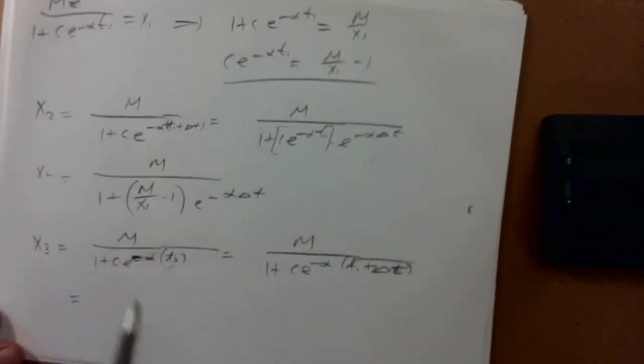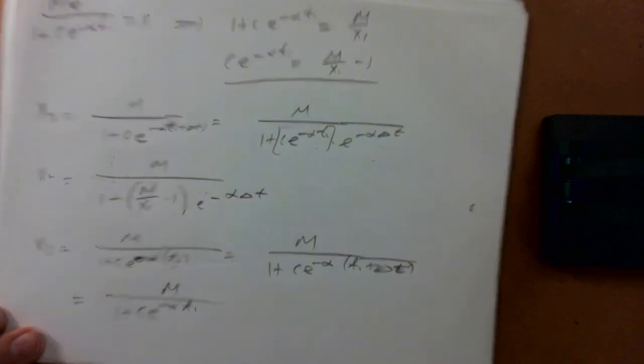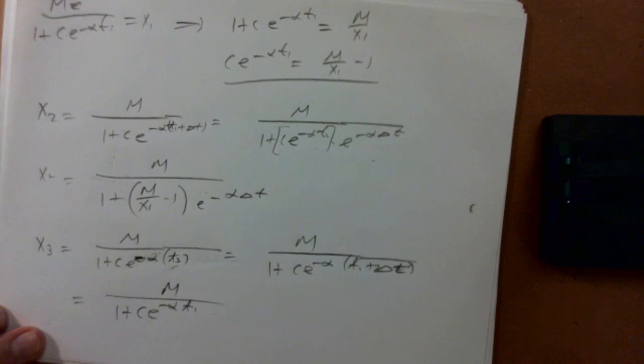That's m over 1 plus c e to the minus alpha T1 plus 2 delta T. That's equal to m over 1 plus c e to the minus alpha T1 e to the minus 2 alpha delta t.